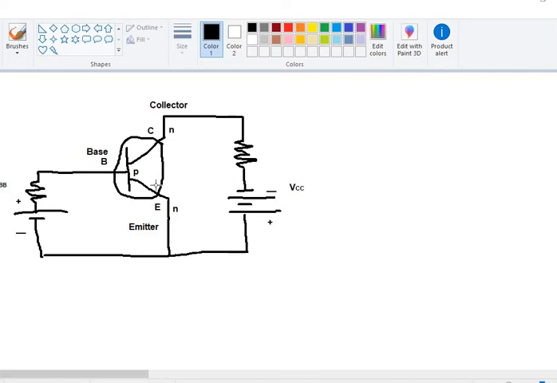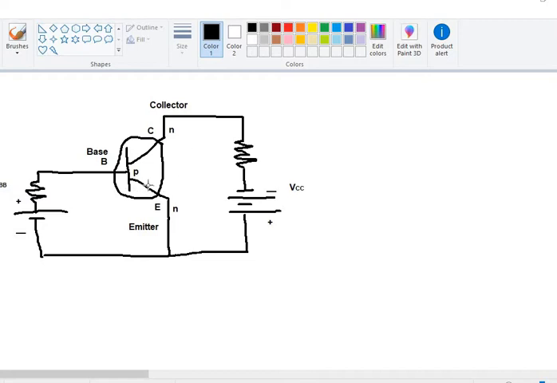So I told you the basic definition that should be kept in mind: all the time, remember, the direction of the arrow must be from positive to negative. So we have the input part and the output part.